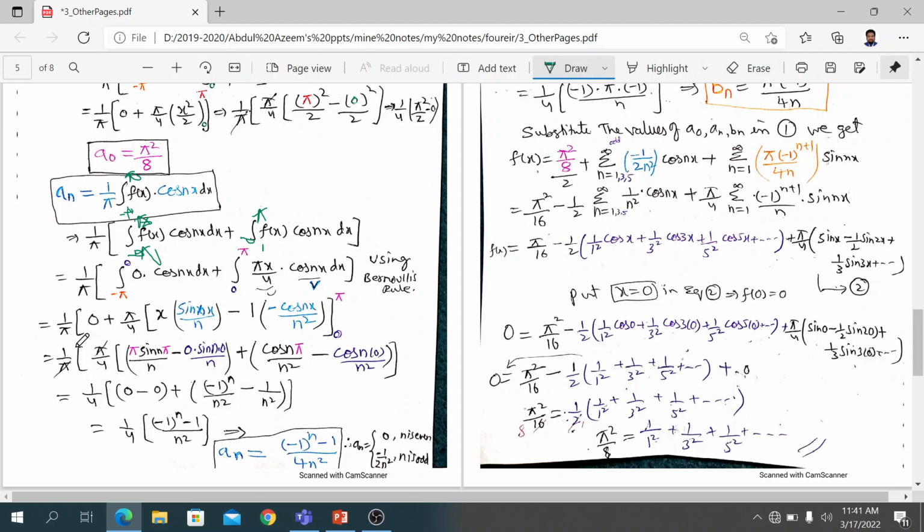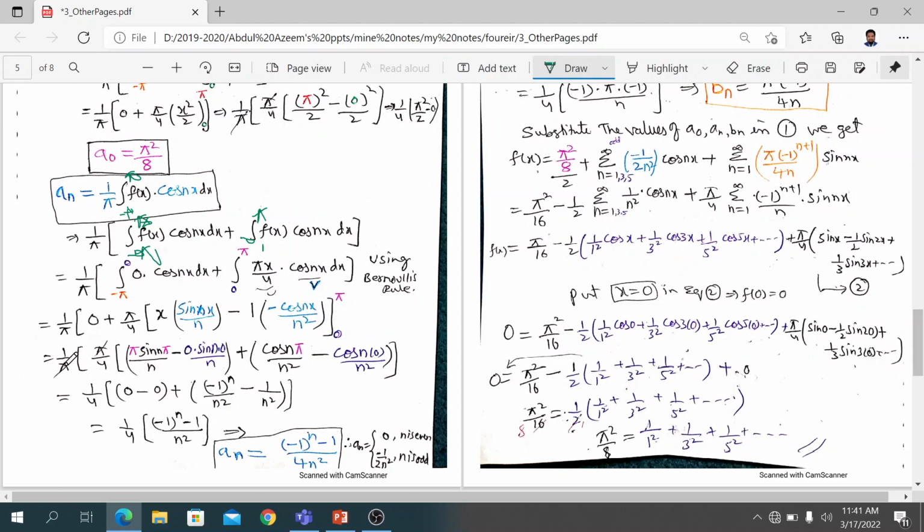0 into something is 0, plus pi by 4 taken outside, it is x cos nx. This is u v, so using Bernoulli's rule: first u, that is x, minus its derivative 1, then x minus 1. Now v: integration of cos nx is sin nx by n, integration of sin nx is minus cos nx by n square, limits 0 to pi.